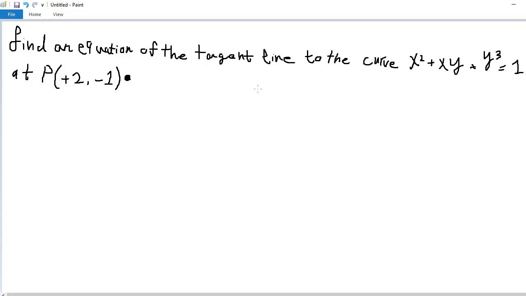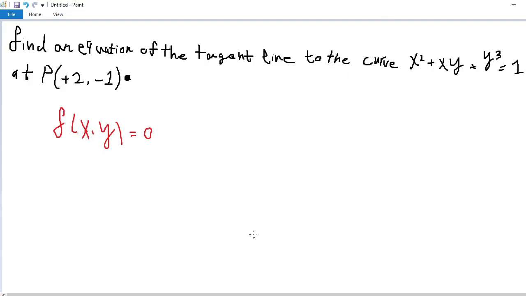To solve for the equation of the tangent line to this curve, you need to use implicit differentiation. The first step is to write F(x, y) equal to 0, because we said before that if we use implicit differentiation, you need to write the original equation equal to 0.